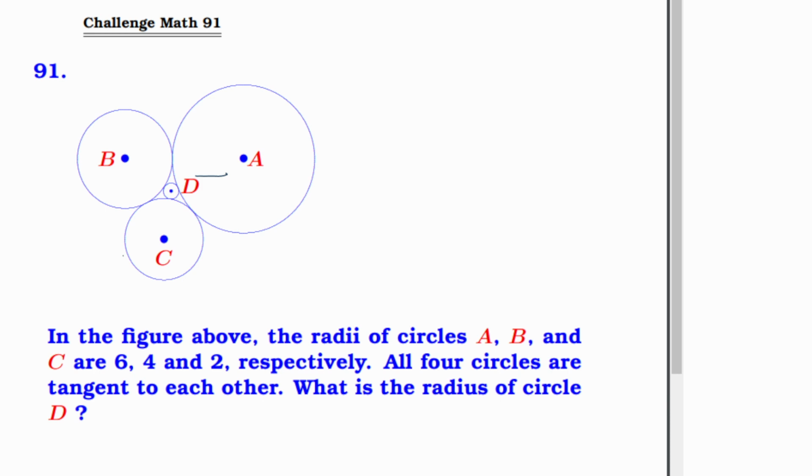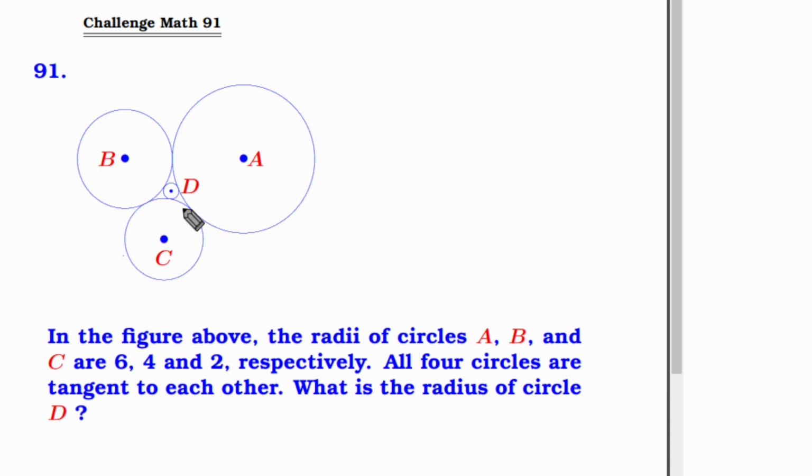This one is a little different from the questions we covered so far. Let me read the question first. In the figure above, the radii of circles A, B, and C are 6, 4, and 2 respectively.